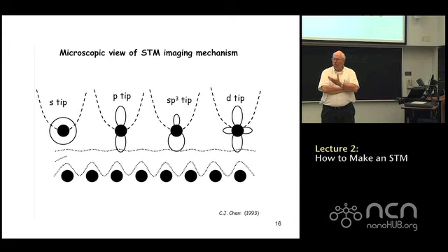So if you position an atom on a tip and it's weakly bound to the apex of the tip, the wave function associated with that atom would then be more like, let's say, a free atom in space, right?